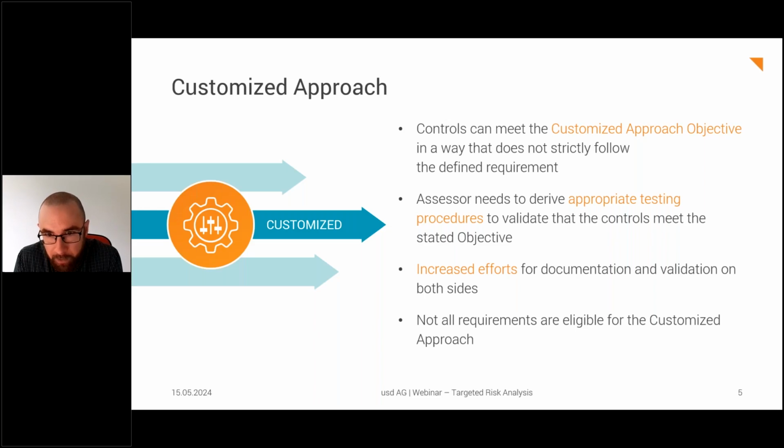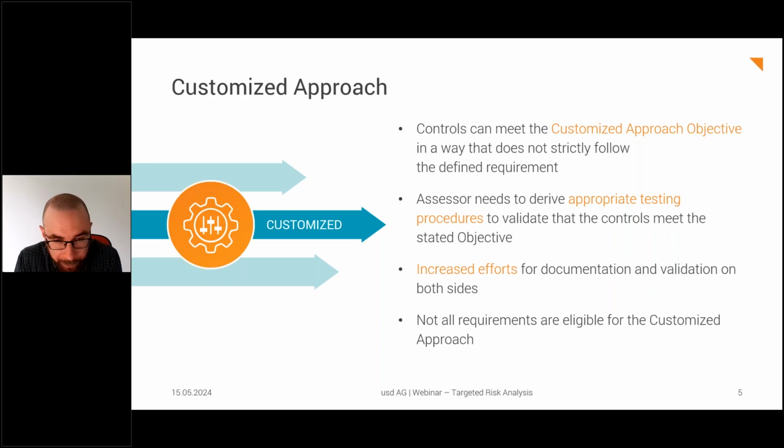This definition will be reviewed by your assessor, and your assessor will derive testing procedures from your defined customized approach control to validate that the customized approach has been implemented correctly and so on. Typically here you have increased efforts in terms of documentation and in terms of testing.